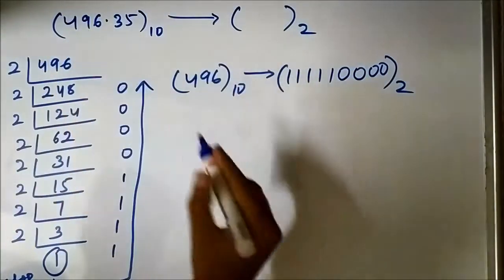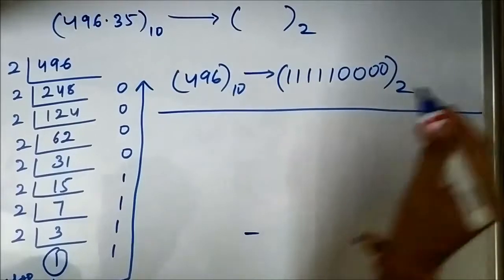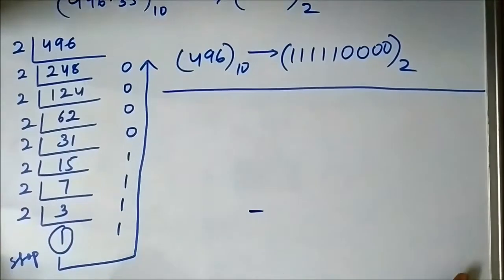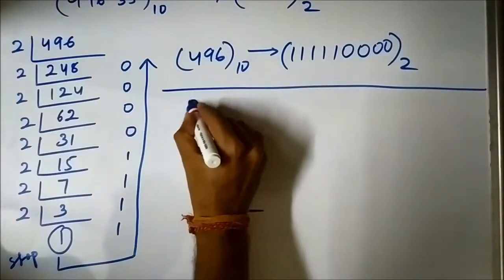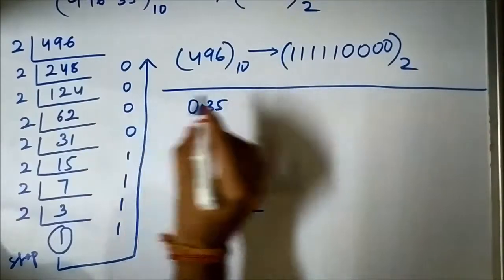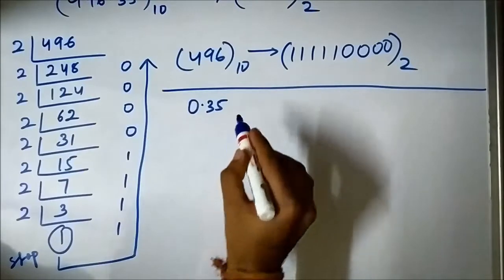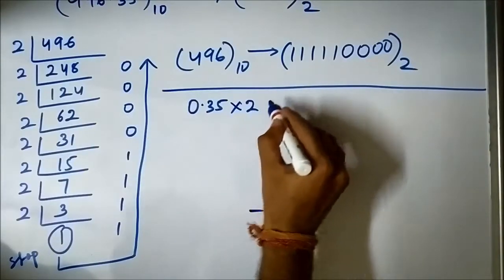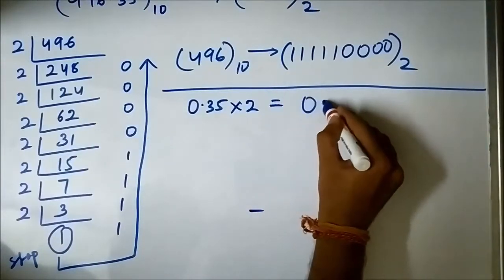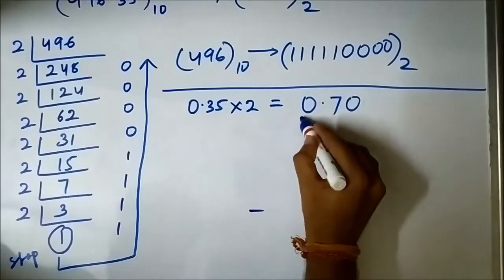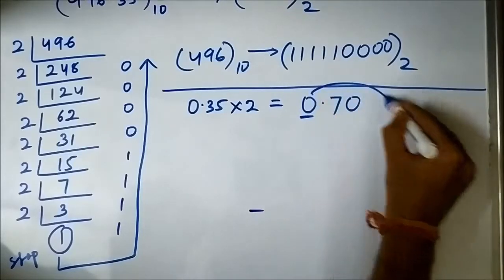Now for the decimal part, we'll do it here. 0.35, we'll multiply it with 2. Here we were dividing with 2, for the fractional part we'll multiply with 2. So it will be 0.7. We'll consider this 0 and write it here.